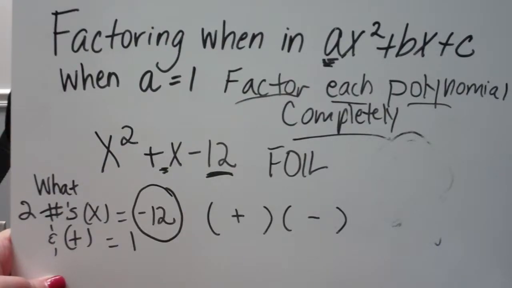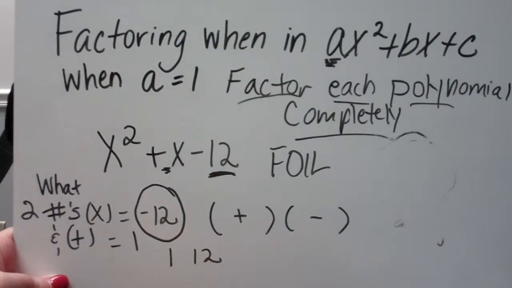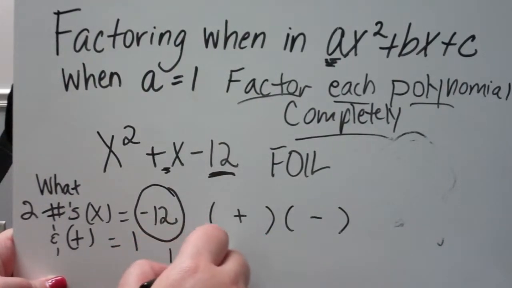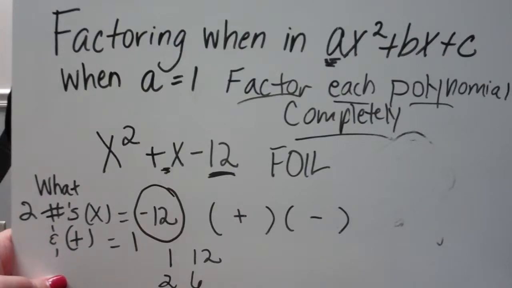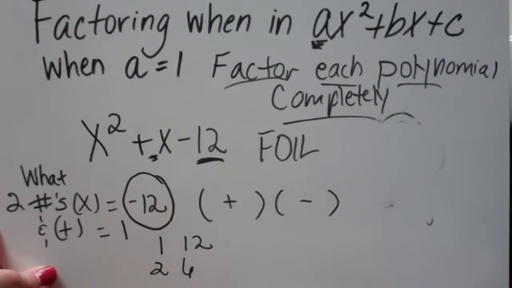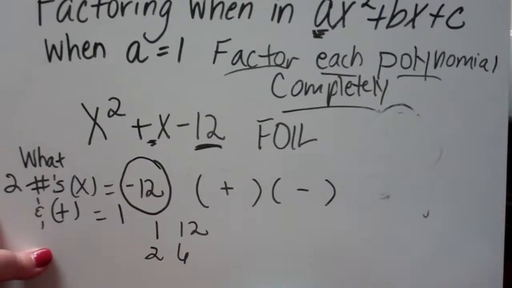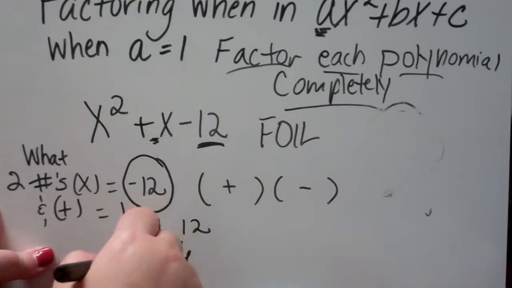Let's think of the numbers that multiply together to give us 12. We've got 1 and 12, 2 and 6, and 3 and 4.